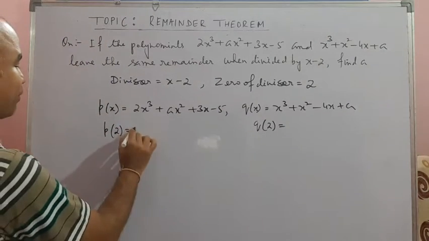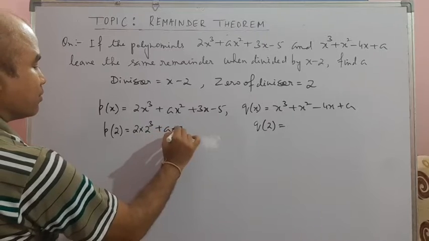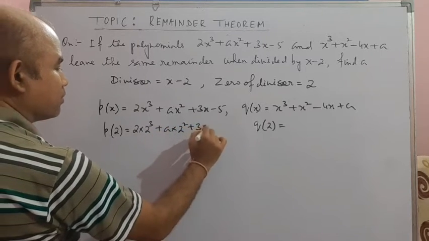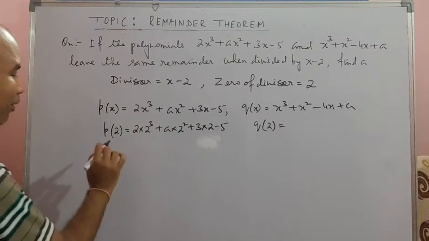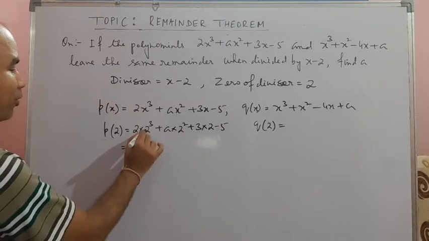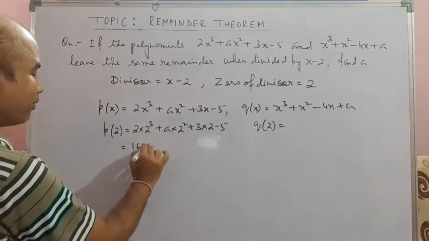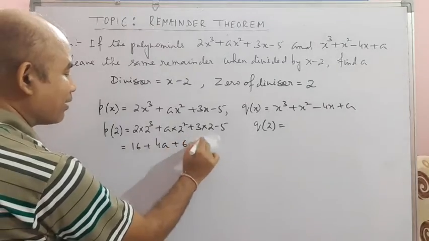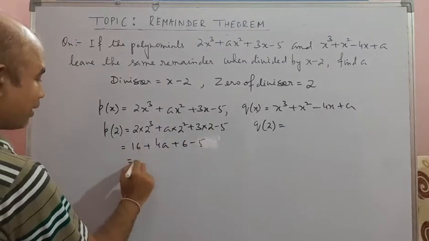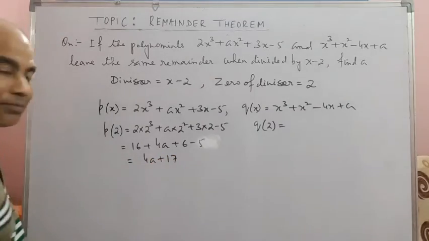So what is p(2)? We just calculate the remainder, already you know how to find it. 2 cube is 8, 8 twos are 16, 2 square is 4, 4 into a is 4a, 3 twos are 6, and minus 5. Ultimately it is 4a plus 17.